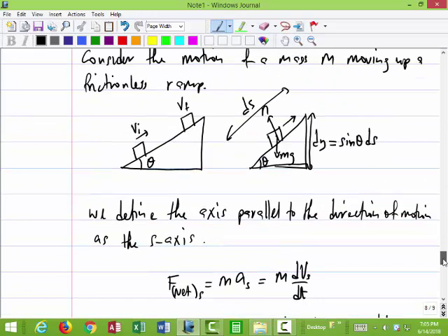Now back to our diagram. One of the forces acting along this object will be the gravitational force, or the weight, down the ramp. This would be called F net in the s direction. This is the force along the ramp.